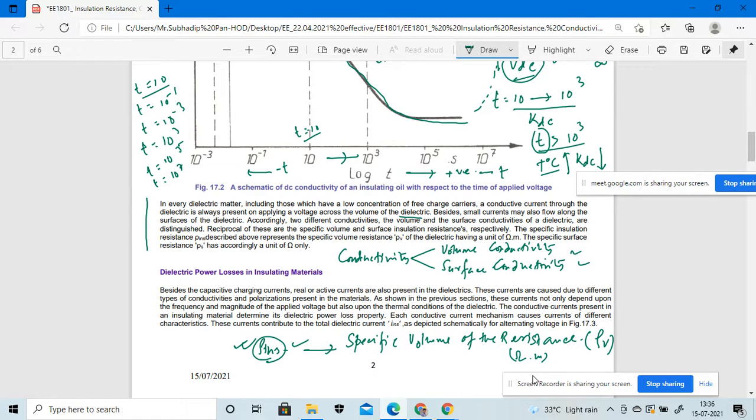So the specific volume resistance, rho v, depends upon my specific insulation resistance.